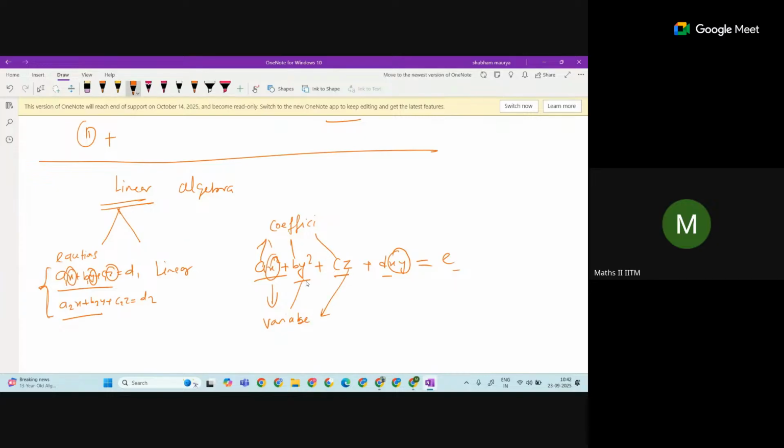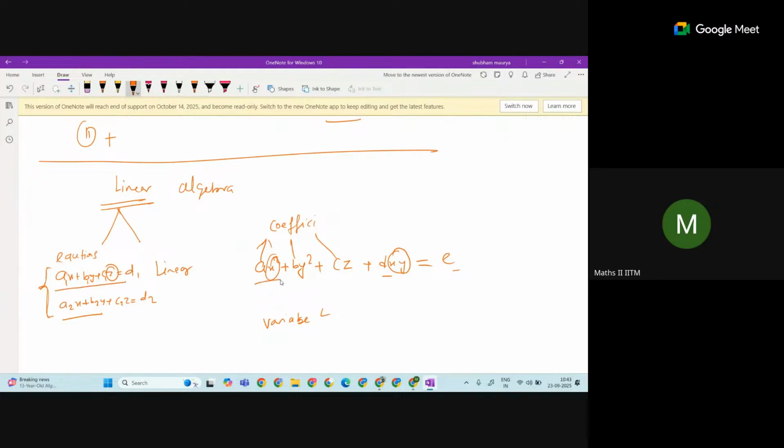So these variables are not of degree 1; some are of degree 2. In the linear case, all terms are of degree 1.